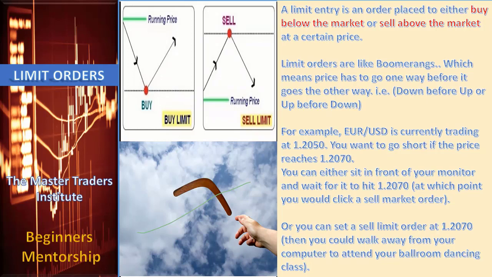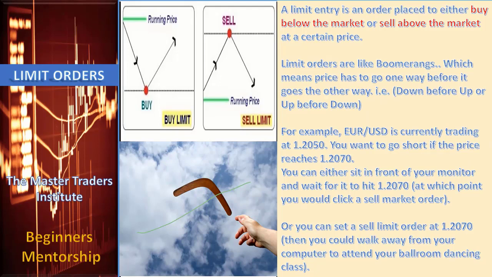Now there are two things to this. If the market passes this 1.2070 and starts going to 1.2080, at that point you will be in loss. Your trade is going to be showing you negative. Maybe it gets to 1.2090, you will still be in negative. Then it decides to turn from 1.2090 and start coming down.